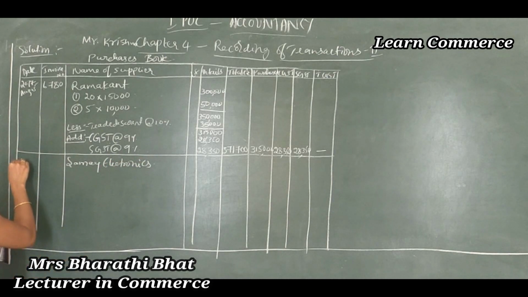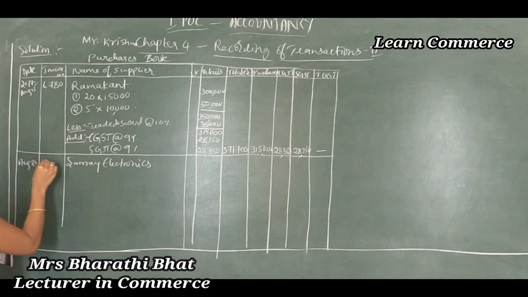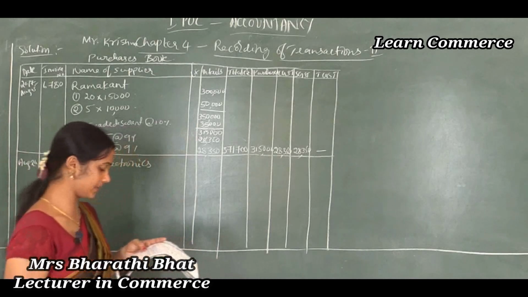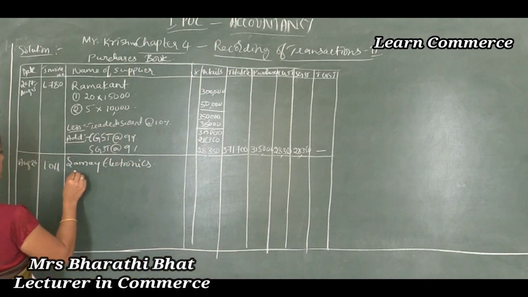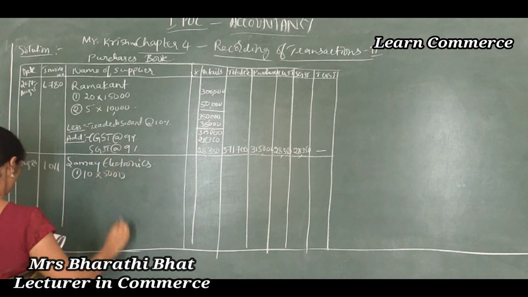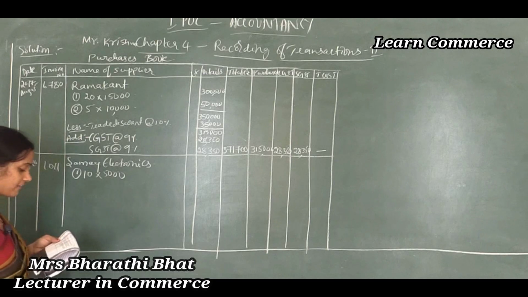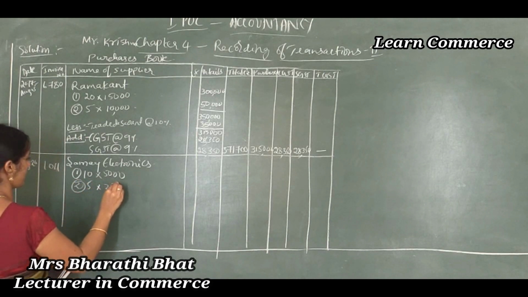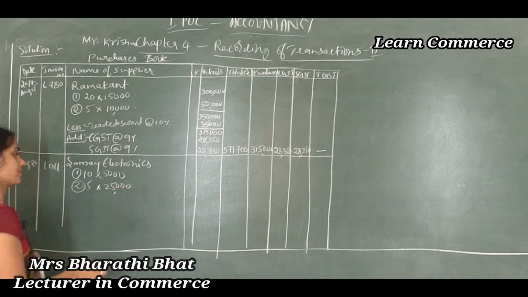Transaction dated August 20 and invoice number 1011. 10 washing machines at rupees 5,000, that is 50,000, and 5 televisions at rupees 25,000 each.